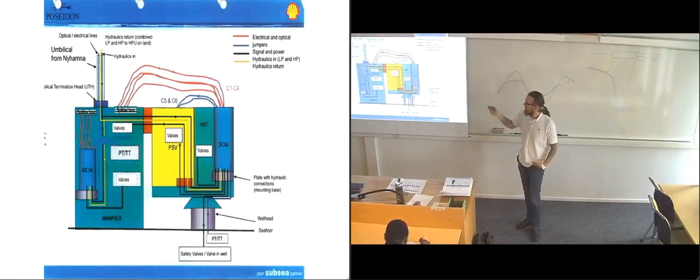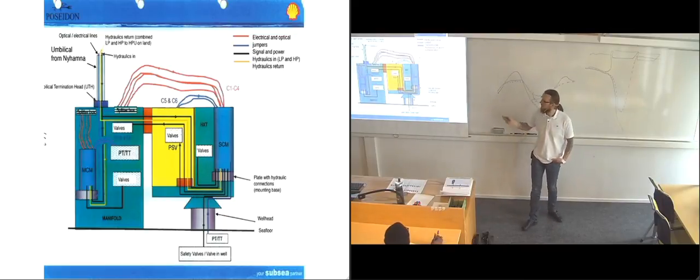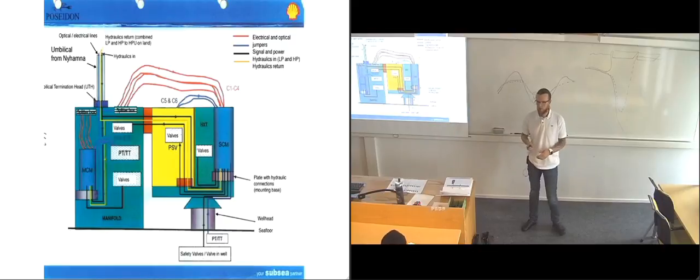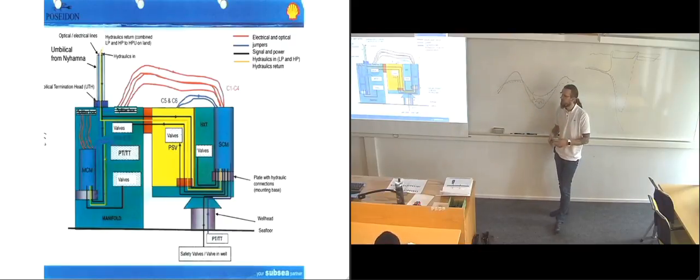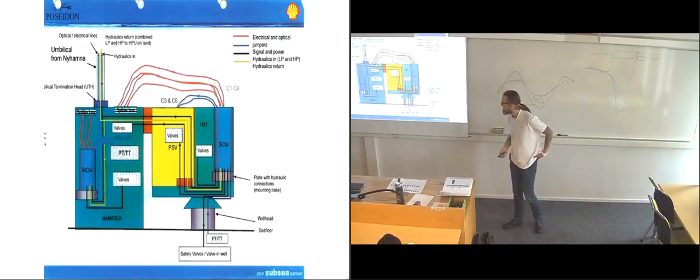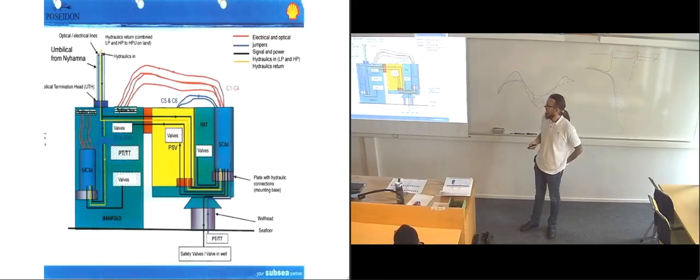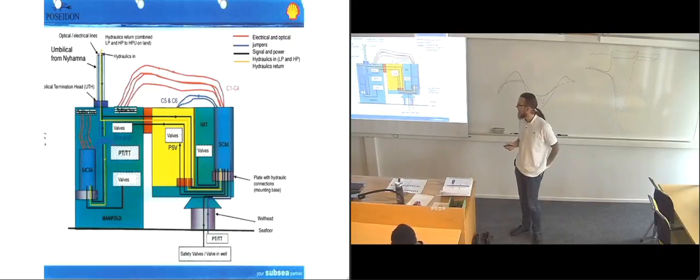So if they are going to do maintenance and replace the control module, they can disconnect just the control module, and then they can replace it and reconnect the new one. The rest there is fairly similar to what we looked at in Appendix A.